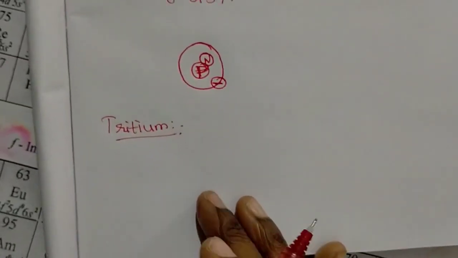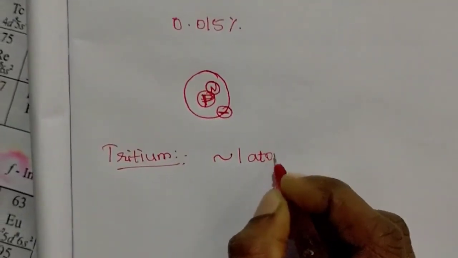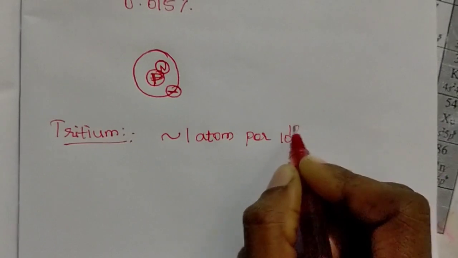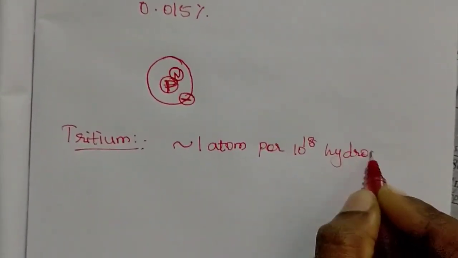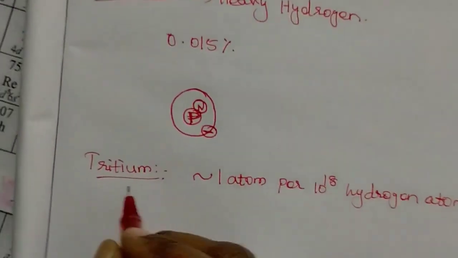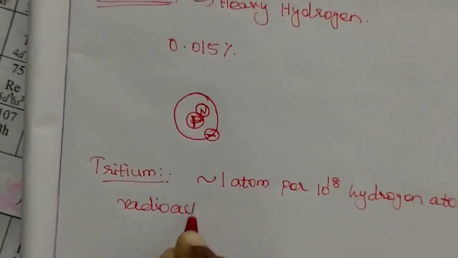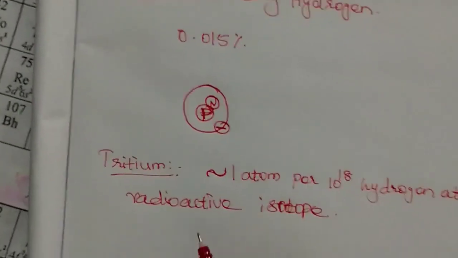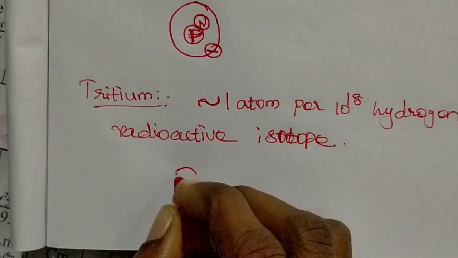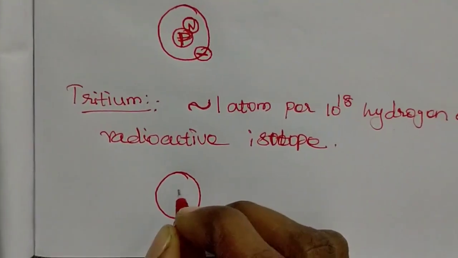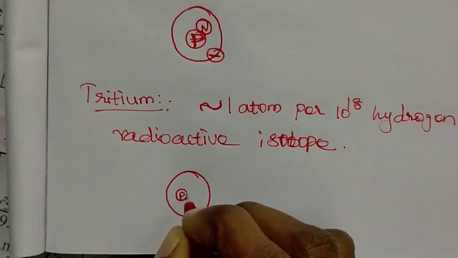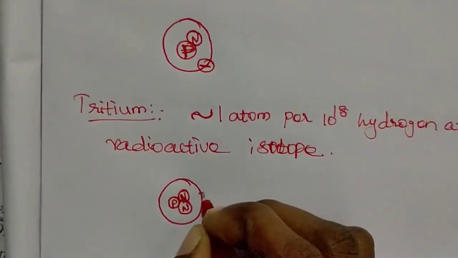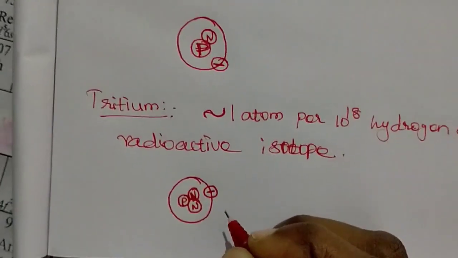It occurs only in trace amounts, approximately 1 atom of tritium per 10 power 18 hydrogen atoms. The structure of this tritium isotope: in the nucleus it contains 1 proton and 2 neutrons, and in the outermost orbit it contains 1 electron.